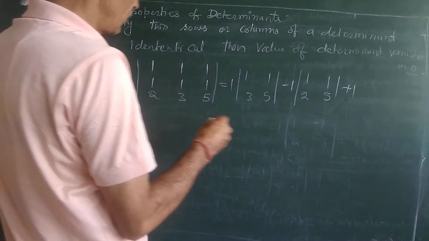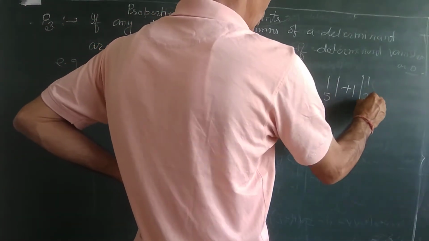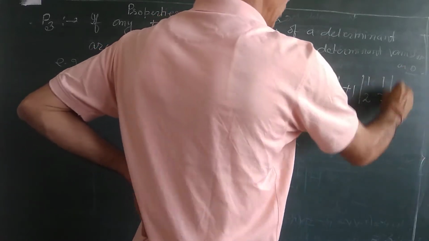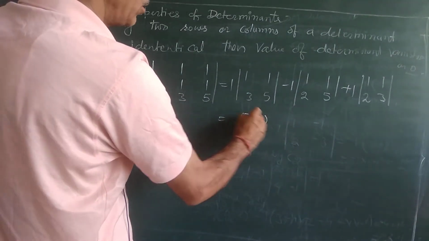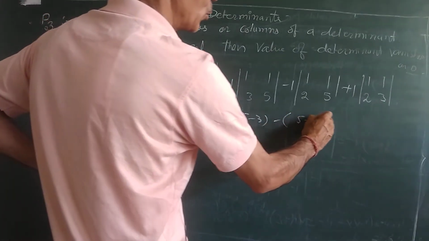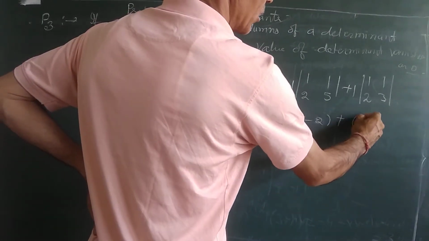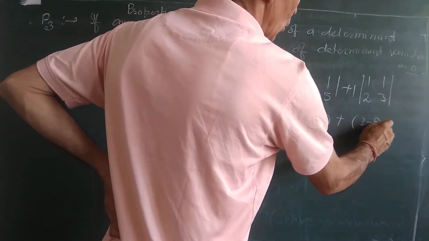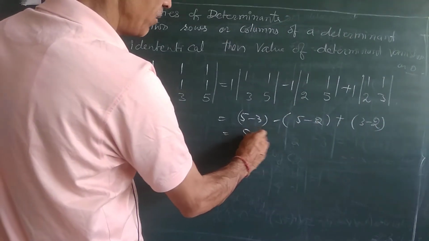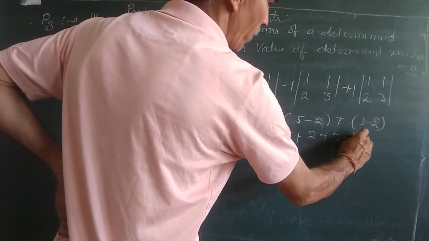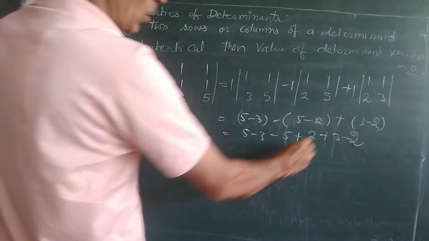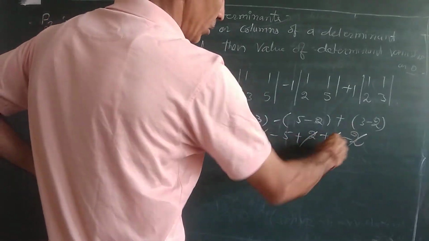Now first and third column is deleted, we have 1, 2, 1, 3. Now find the value: 5 minus 3, minus 5 minus 2, plus 3 minus 2. So we have 5 minus 3 minus 5 plus 2 plus 3 minus 2. Now see here, this is cancelled out.